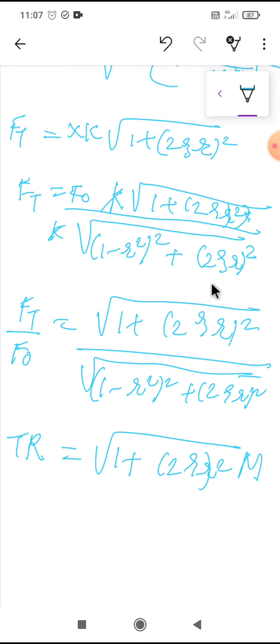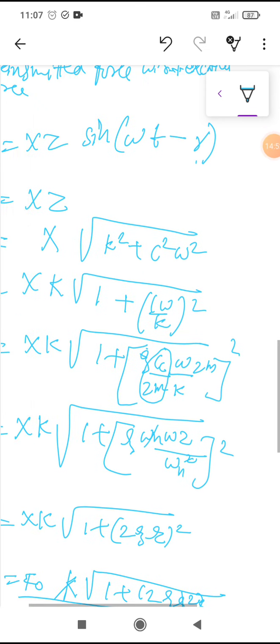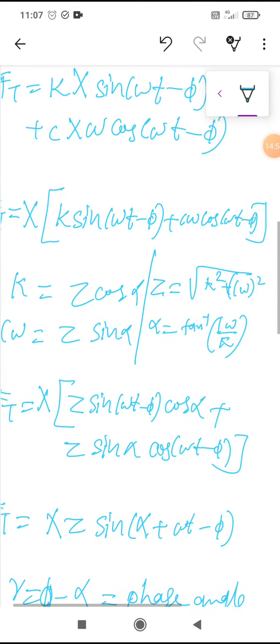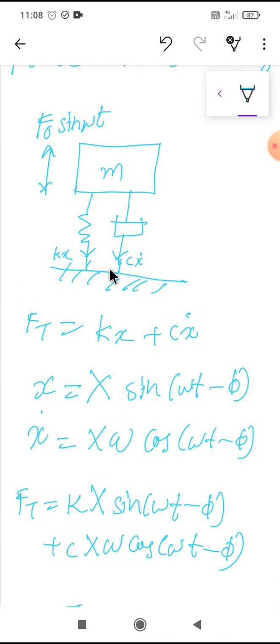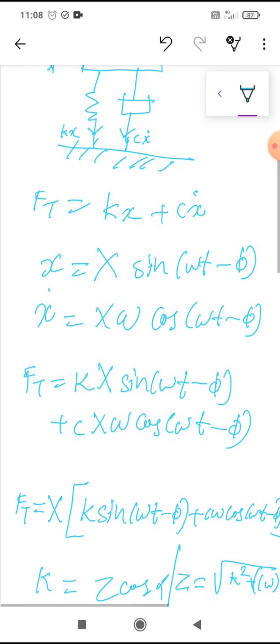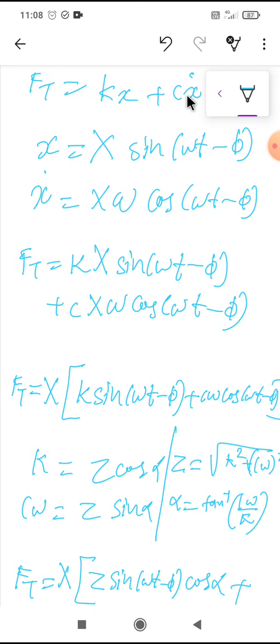So I will just repeat the whole process. What we have done here today: we are interested in finding the force transmitted to the foundation. So we have taken spring force and damping force, and then substituted the value of the amplitude with respect to capital X and sine omega t minus phi, which we found in the forced damped vibration solution of x.